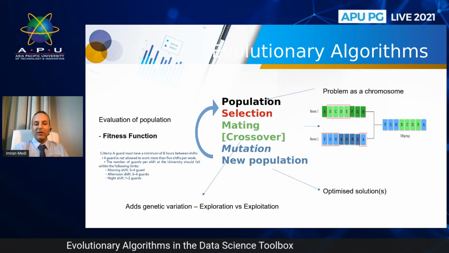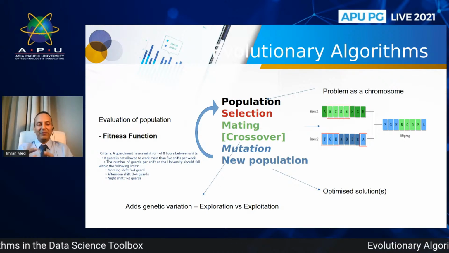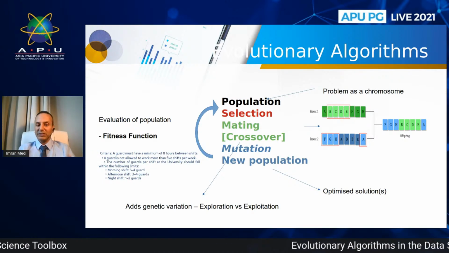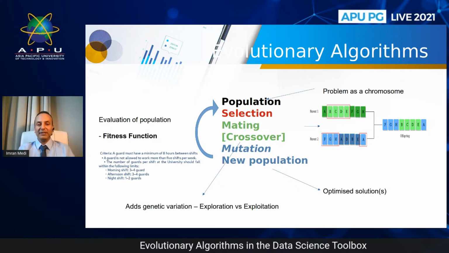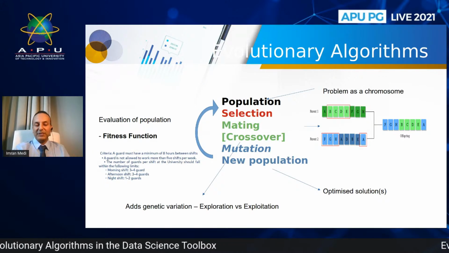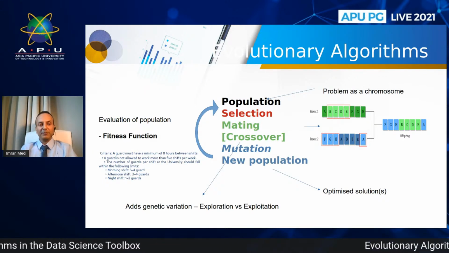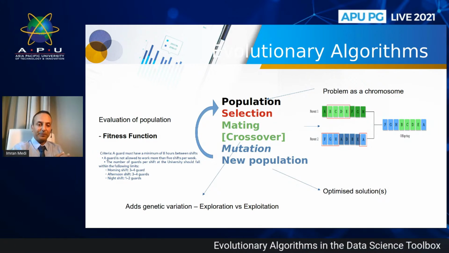We want to explore it appropriately, but in any particular area of that space, we also want to exploit it as best we can. So by balancing exploration and exploitation through mutation, we can potentially achieve the best of both worlds. And that's the basic idea with genetic algorithms.